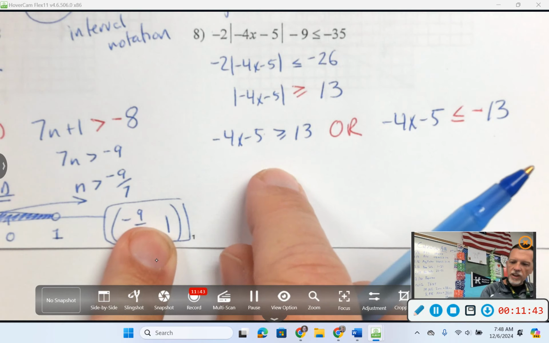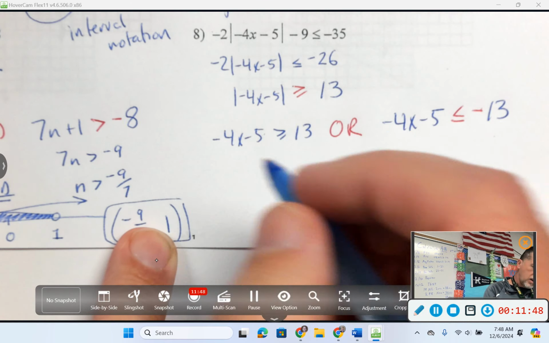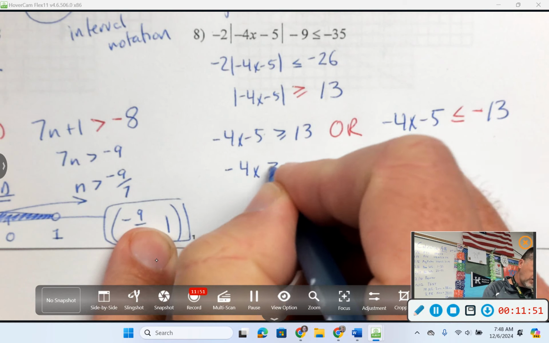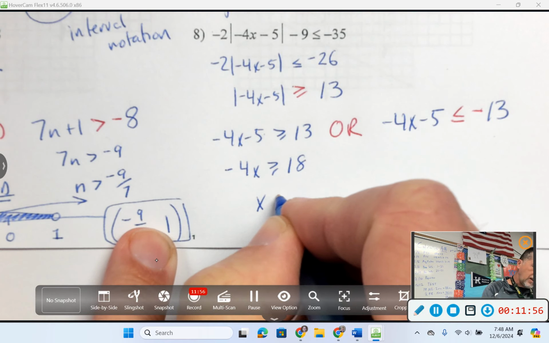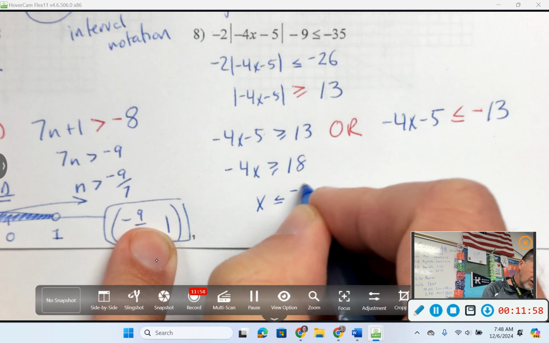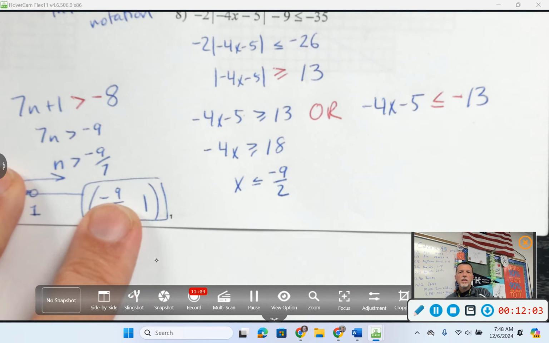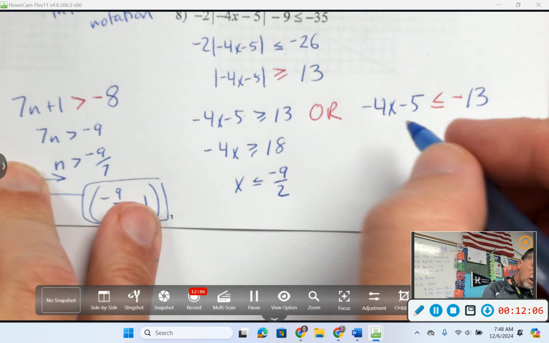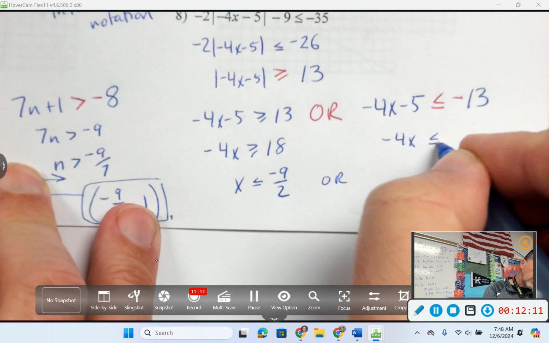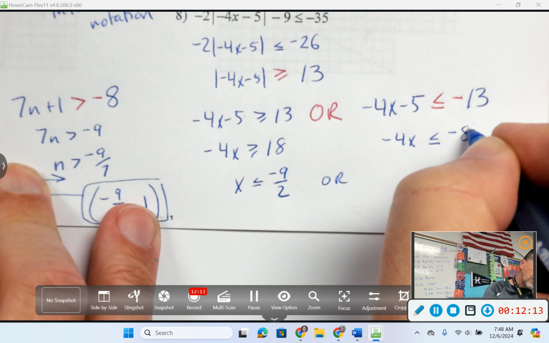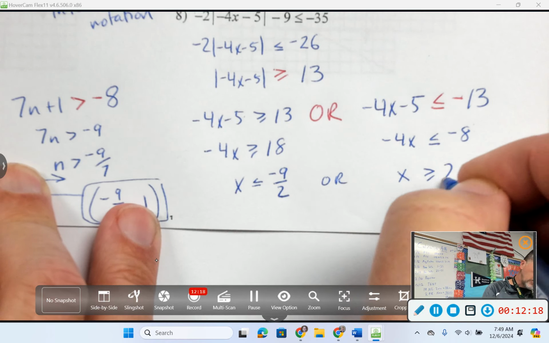And yeah, we will have a sign switch again. Negative 4x greater than or equal to 18. x less than or equal to negative 9 halves. Or negative 4x less than or equal to negative 8. So x greater than or equal to 2.